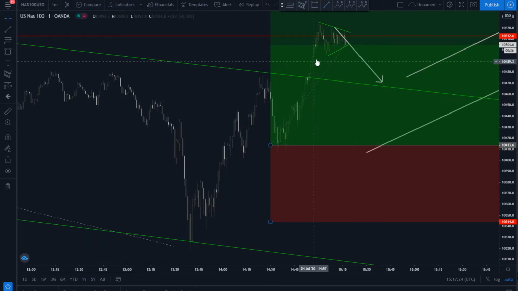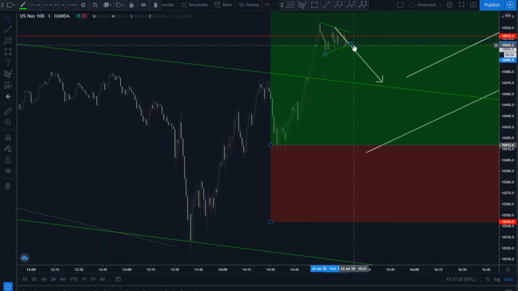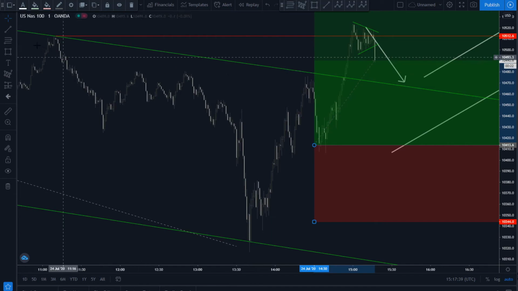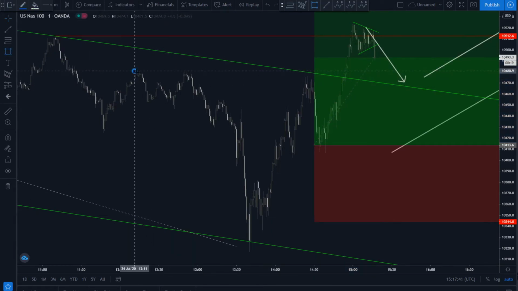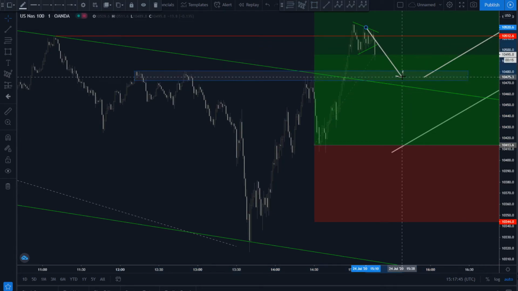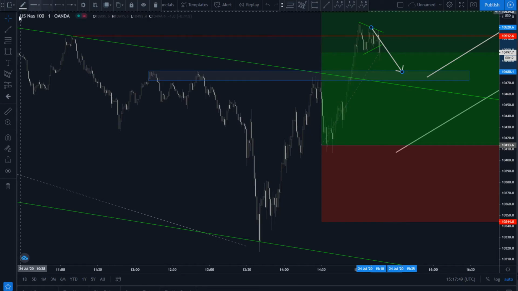So this is usually a continuation pattern, but it's not uncommon for them to break down and test back a support. Oh, it just did. And test back the support to make sure that it lasts. But either way, I think this zone here would be a really good place to enter some more inside of that position.